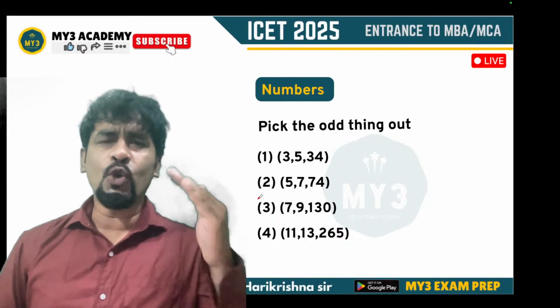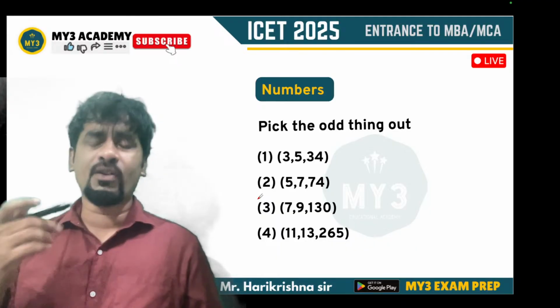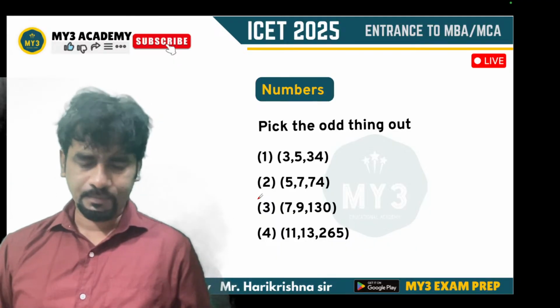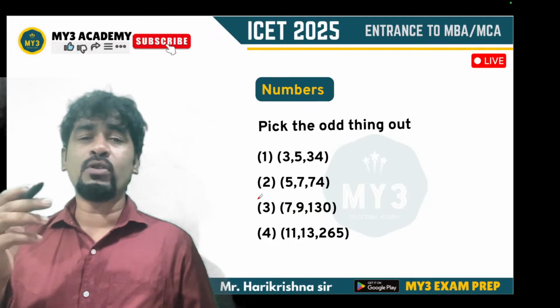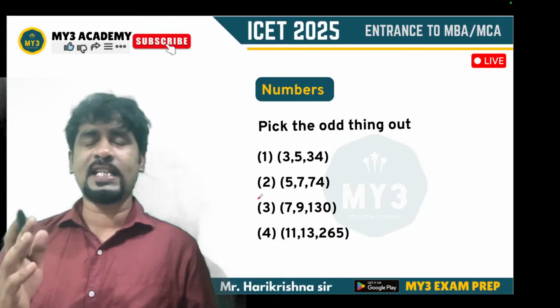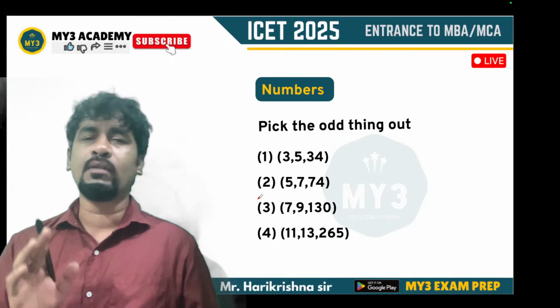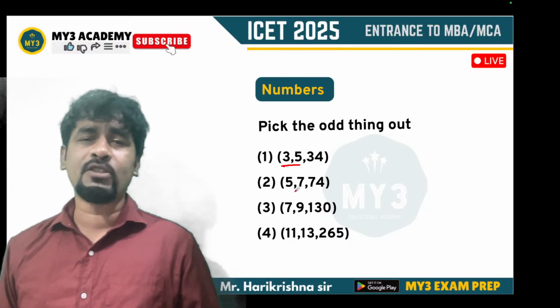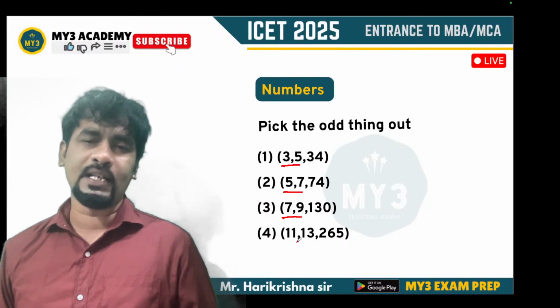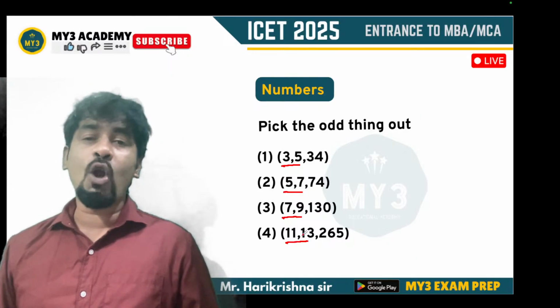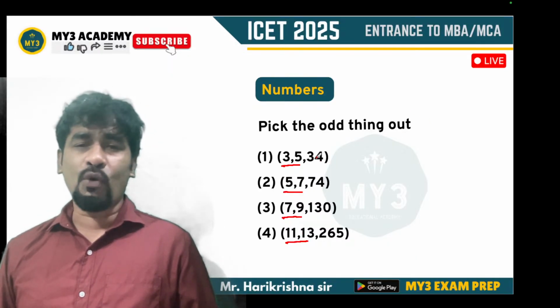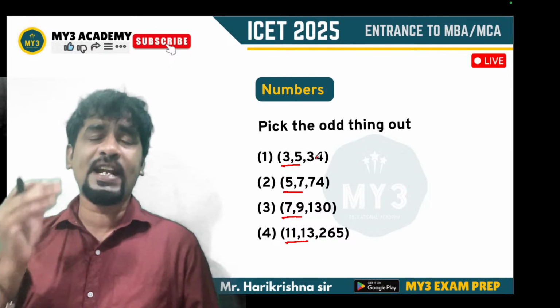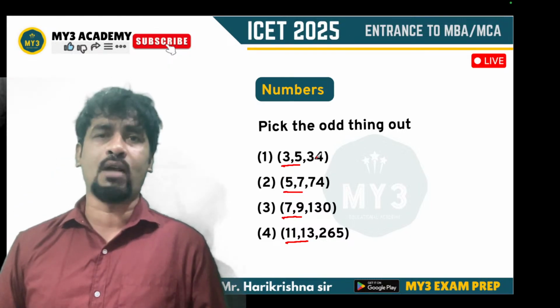So very simple, you look at the pattern. You can easily understand the question. Just look at the pattern. We are able to see 3, 5, 5, 7, 7, 9, 11, 13. So the first two numbers are going in a sequence of odd numbers. That we are able to understand. So what is the logic of getting the numbers 34, 74, 130, 265 is the only point which you have to focus on.